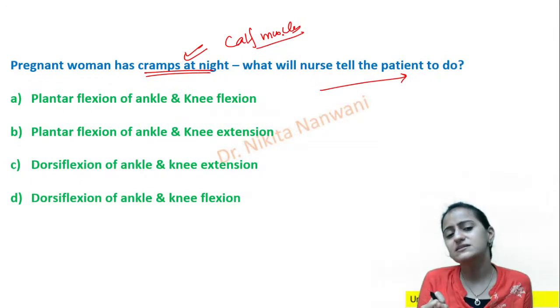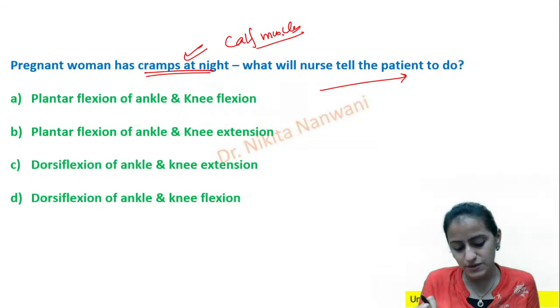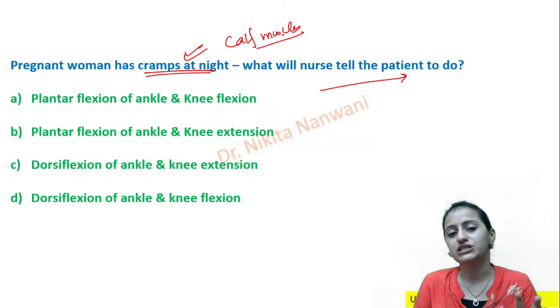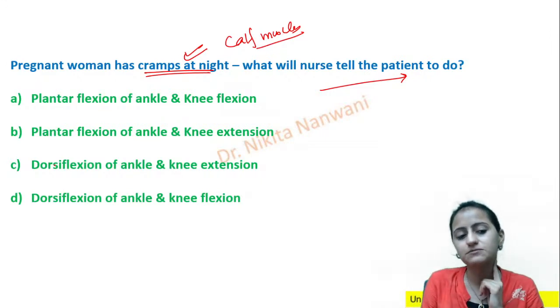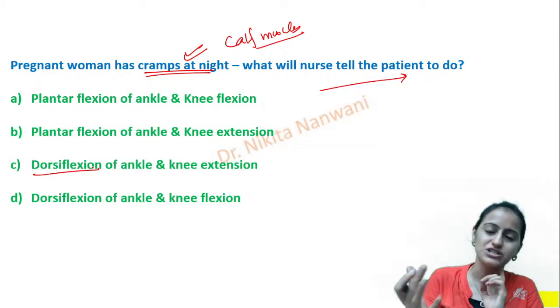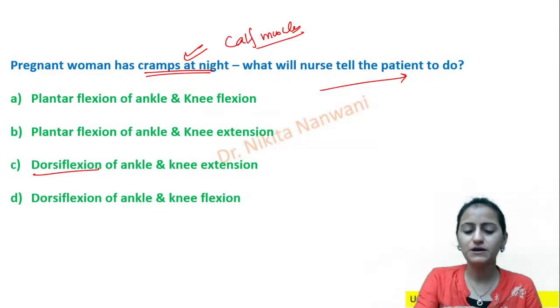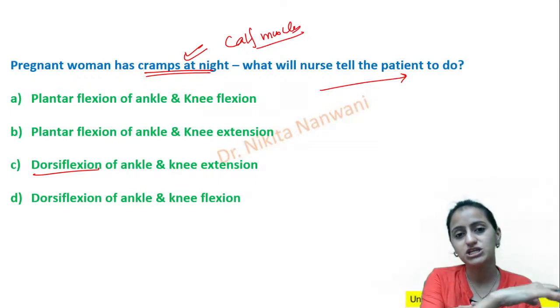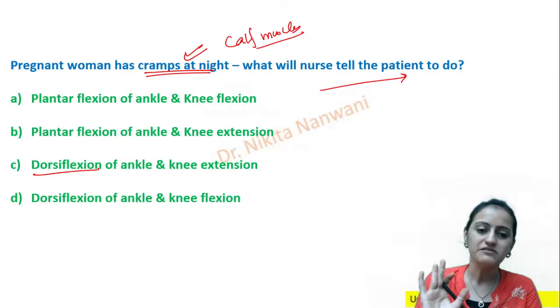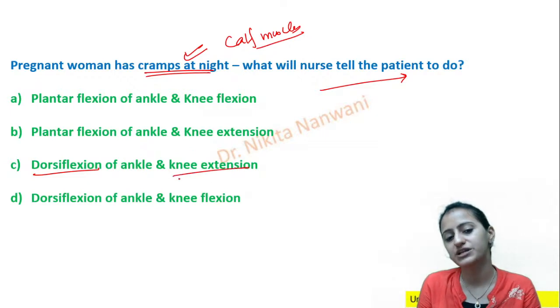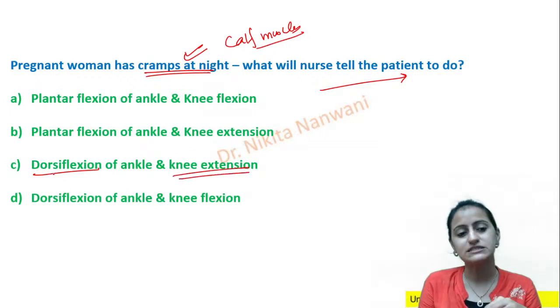When the calf muscles are getting contracted, we get plantar flexion. So to relieve that, we ask the patient to do dorsiflexion. So ask the patient to take the toes towards the shin. That means do dorsiflexion. First stretch the leg, that is do knee extension, and do dorsiflexion.